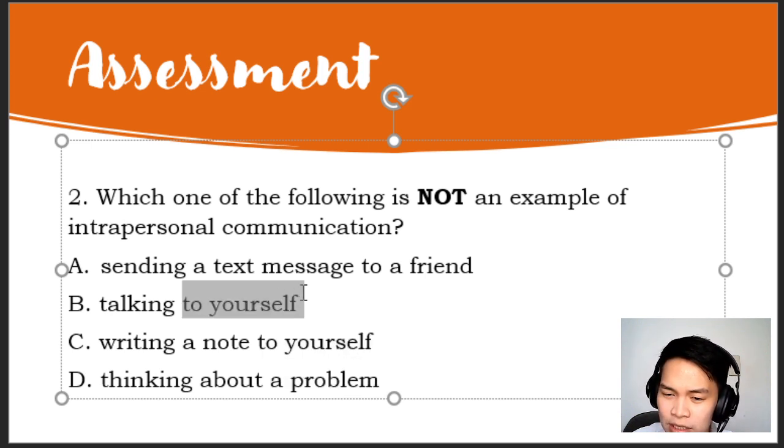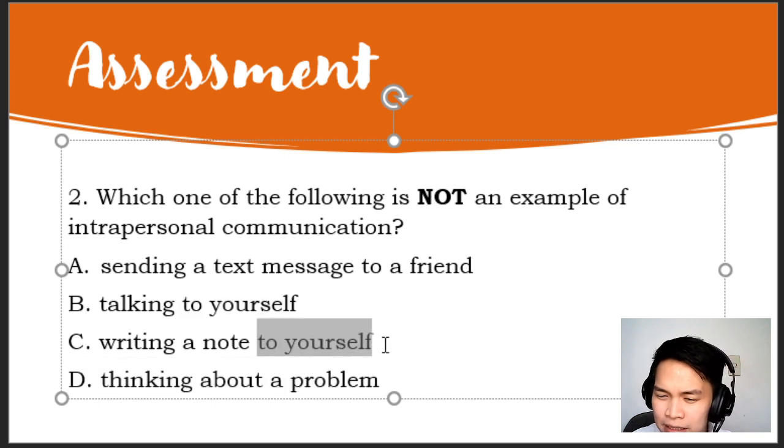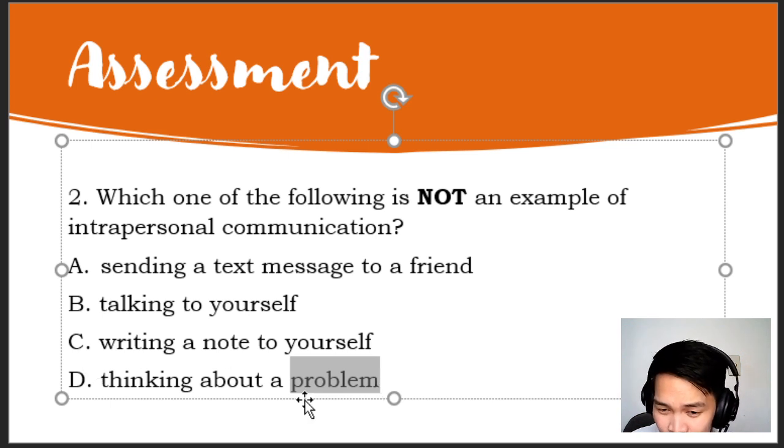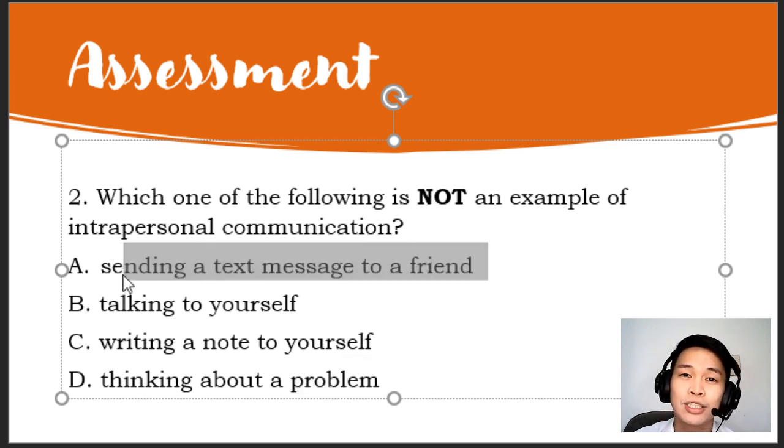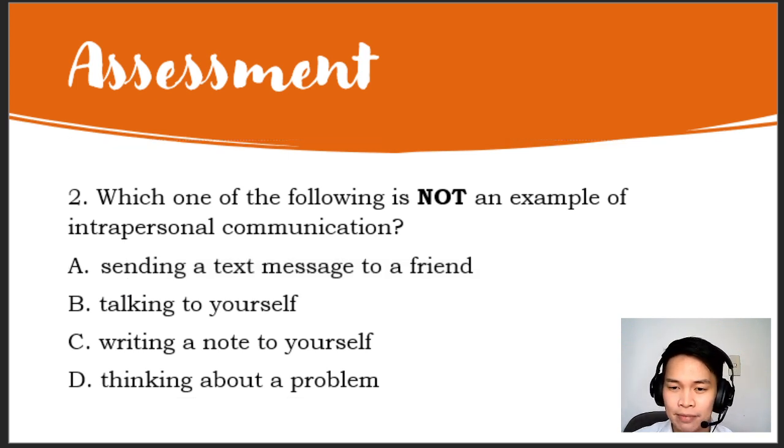So our choices here, you have to cross out letter B and letter C because we have the keywords there explicitly mentioned: yourself, thinking about a problem. So you are alone. Cross out letter D. So the correct answer is letter A because you are sending a text message to a friend, and that is under interpersonal, under dyad.